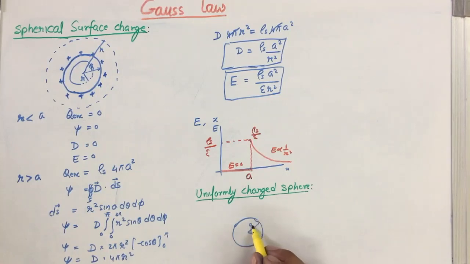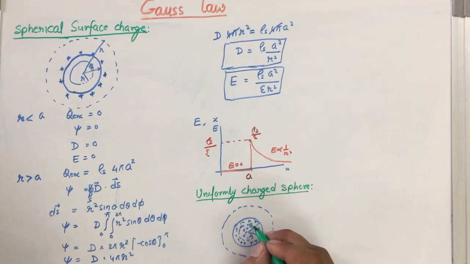Consider any surface of less than the radius, and more than the radius. Here the charge is distributed uniformly throughout the body of the sphere. The consideration is that it is uniform, so it is very difficult to visualize.